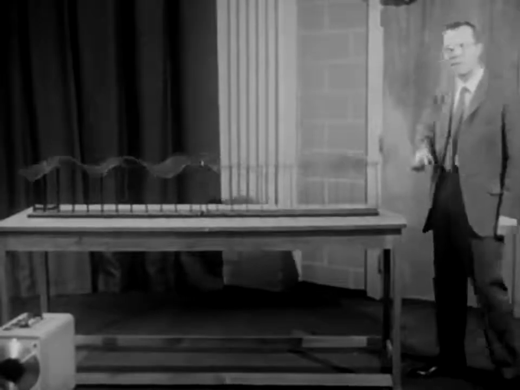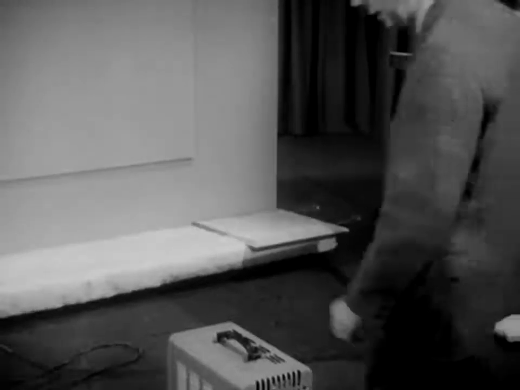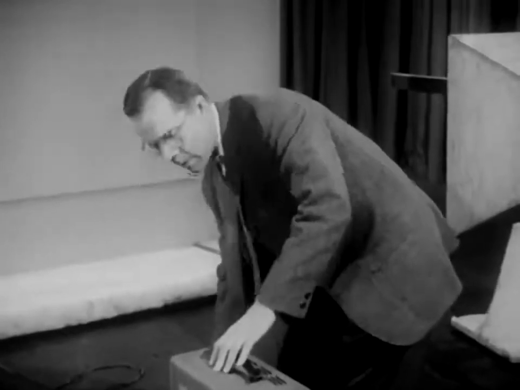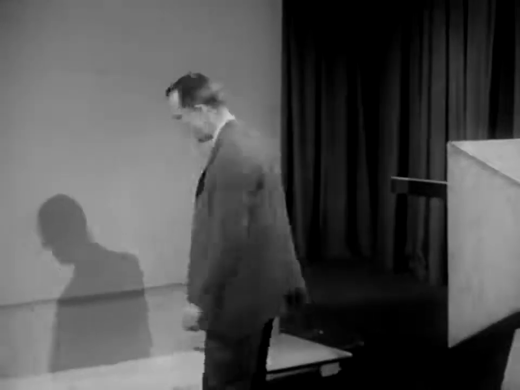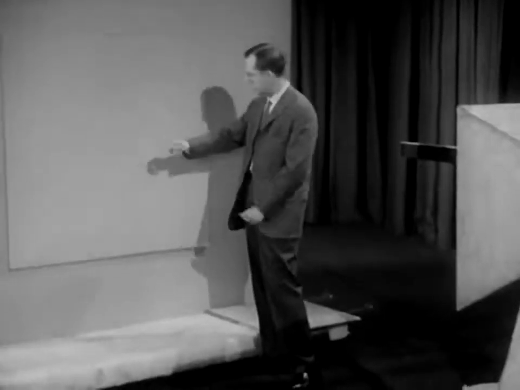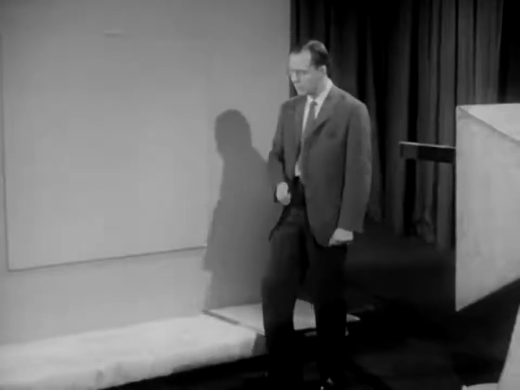Now let's see if we can get the same pattern in our beam of sound. We'll set up a tone on our oscillator, and this time we'll use a lower tone than we did before. Now we have our sound beam from the horn striking the baffle at right angles, and we want to explore the sound field out here in front.